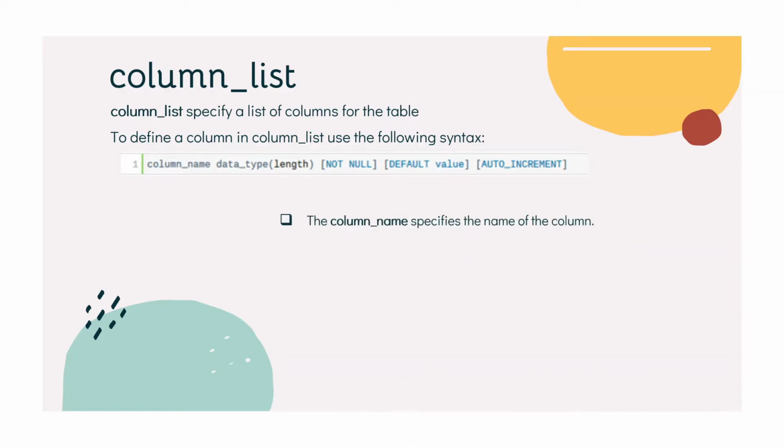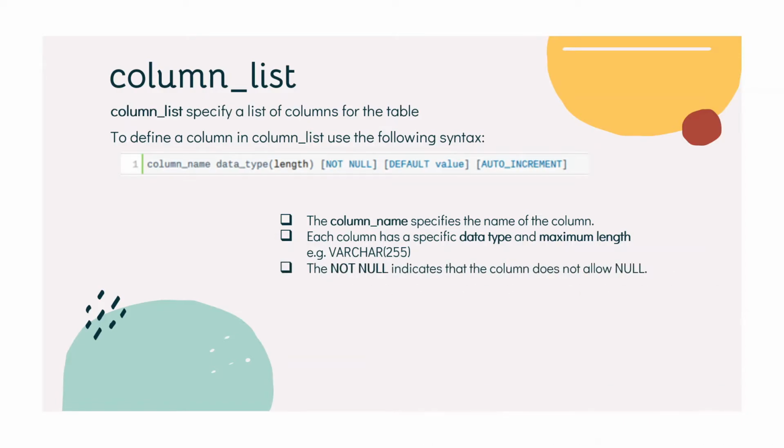Okay, the most important component of this syntax first is the column name. It specifies the name of the column, and then each column has a specific data type and maximum length, for example, varchar 255. And then not null indicates that the column does not allow null values.